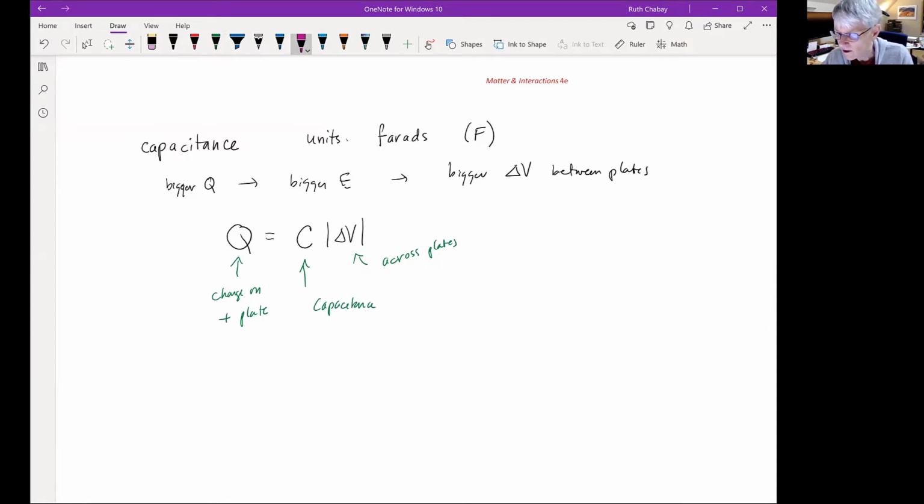Another way to write this is that capacitance is the ratio of the amount of charge on the plates to the potential difference across the plates. And so a farad must be units of coulombs per volt.